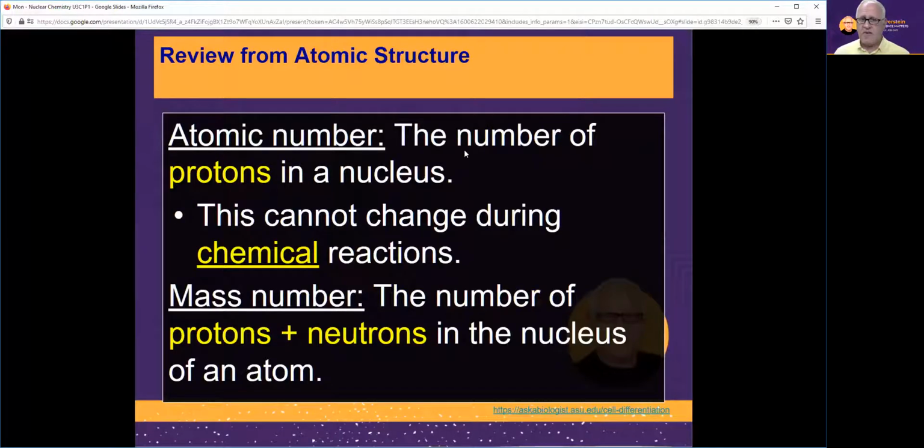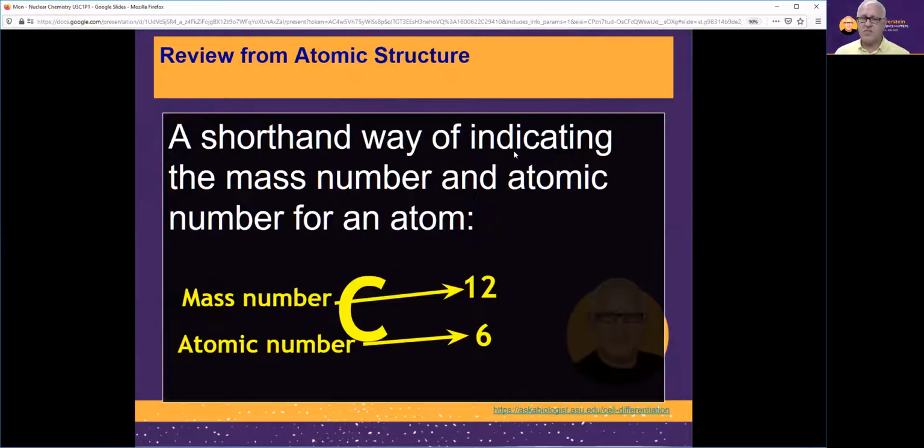The atomic number is the number of protons in a nucleus, and this cannot change during chemical reactions. The mass number is the number of protons and neutrons in the nucleus of the atom, and the mass number is going to change with the isotope.